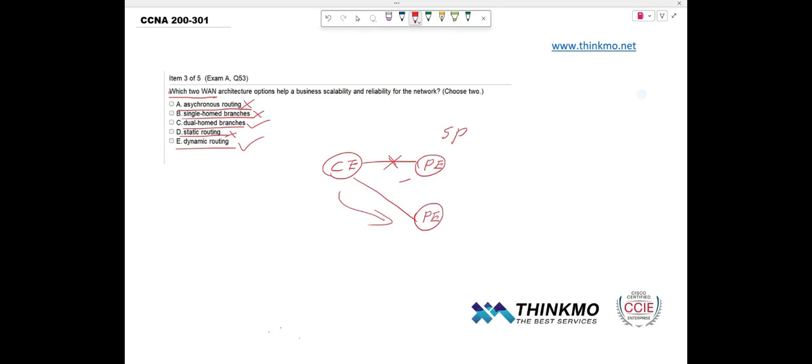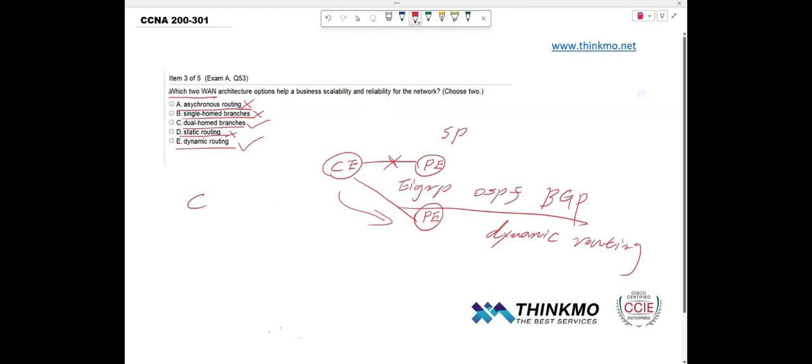For example, we deploy EIGRP, or OSPF, these dynamic routing protocols, and also BGP. So the correct answer to this question is C and E.